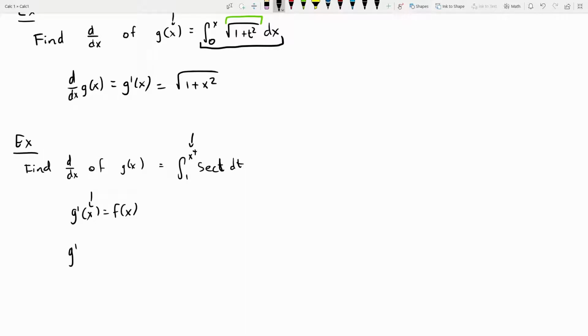So g prime of x to the power of 4 is going to be chain rule. It's like saying d over dx of g of x to the 4, and this is going to be chain rule, and it's actually equal to g prime of x to the 4 times 4x cubed. Again, I'm going to link a card to the video where I talk about chain rule for derivatives. But this is it right here.